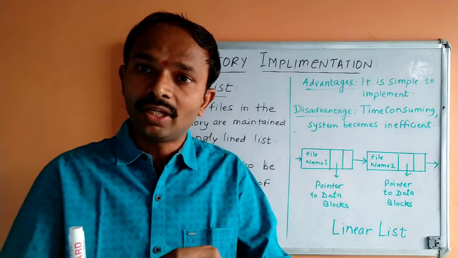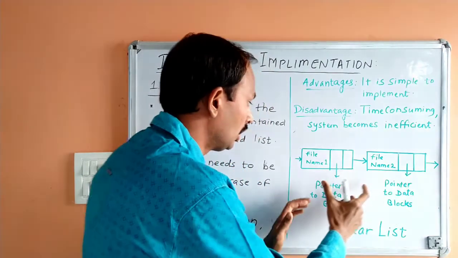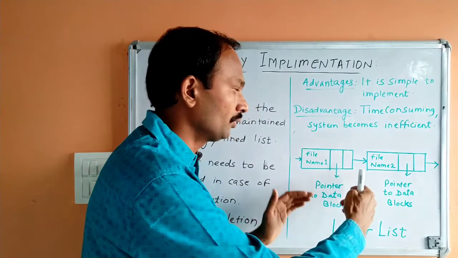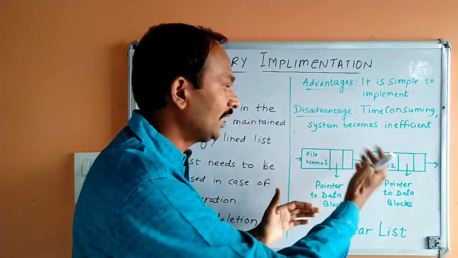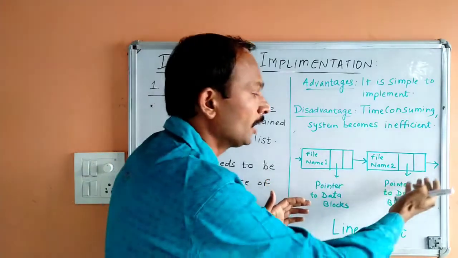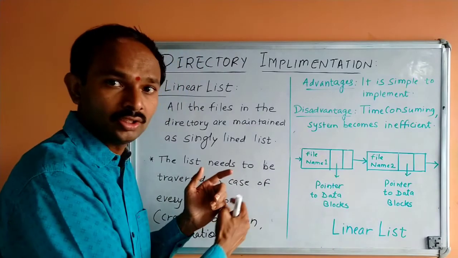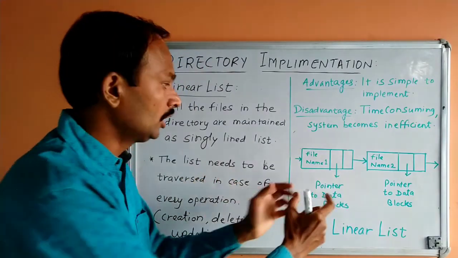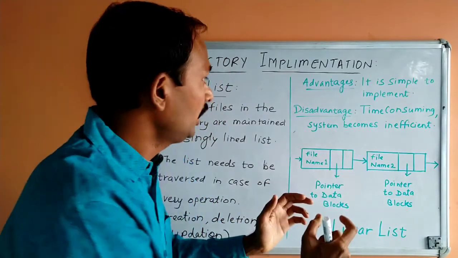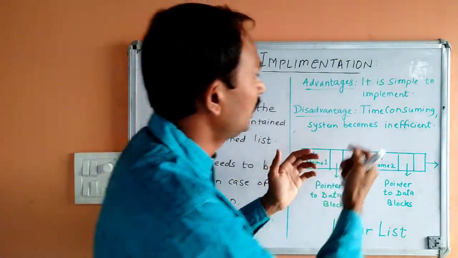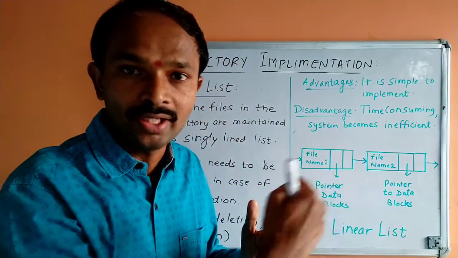Whenever you are deleting a file, the same process happens. The complete list is traversed when files are created, and again when you are deleting. So for all the operations we need to travel the complete linear list of files. There is an advantage: it is very simple to implement, because we only need to connect one file with another file.